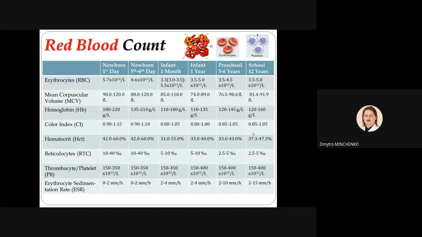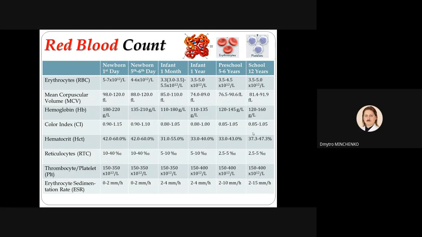But this number quickly begins to diminish in the first days of life, leading to quite a low amount at the age of 1 month, where I took an average reference value of about 3.3, although multiple sources indicate an average reference value between 3 and 3.5, which is technically below what is considered to be a physiological norm, which is 3.5.